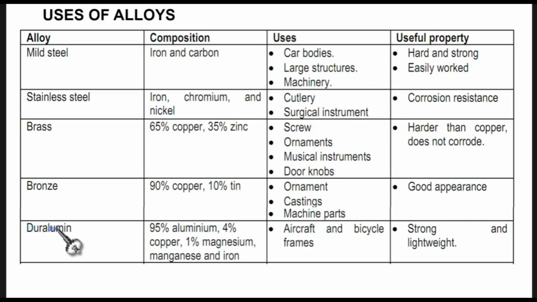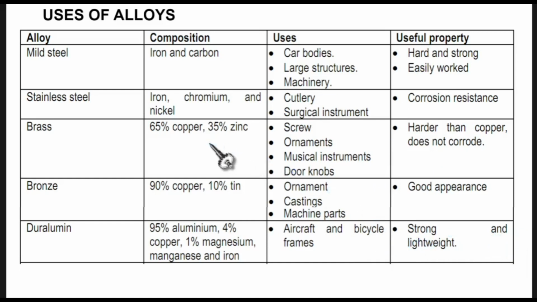All right, then another one is duralumin. Duralumin is 95% aluminium, 4% copper, 1% magnesium, and then manganese and iron. It's used in aircraft and bicycle frames, and the reason is that it has this useful property: it is strong and also lightweight.